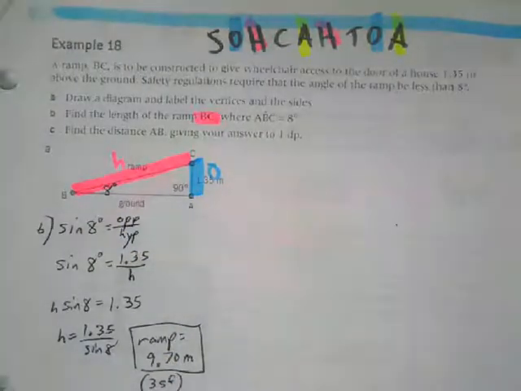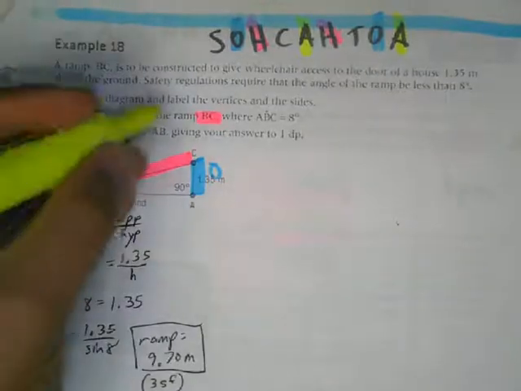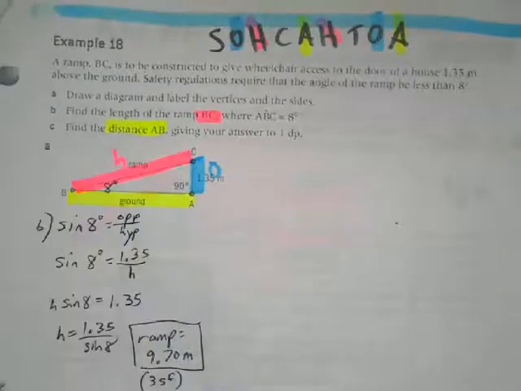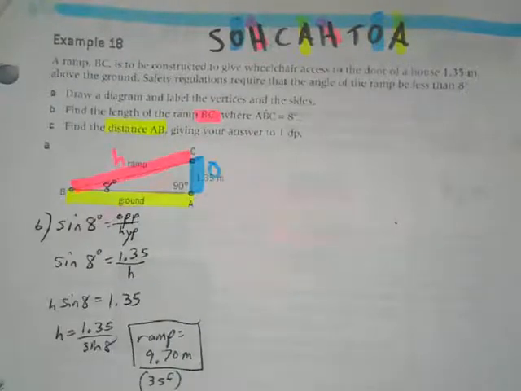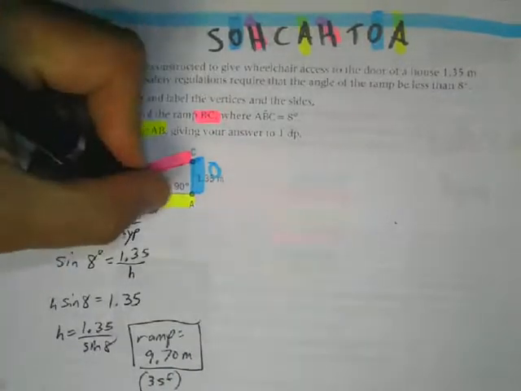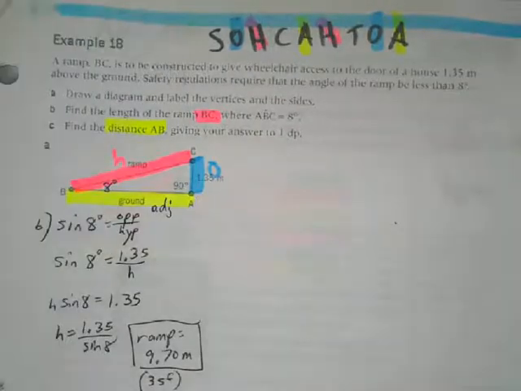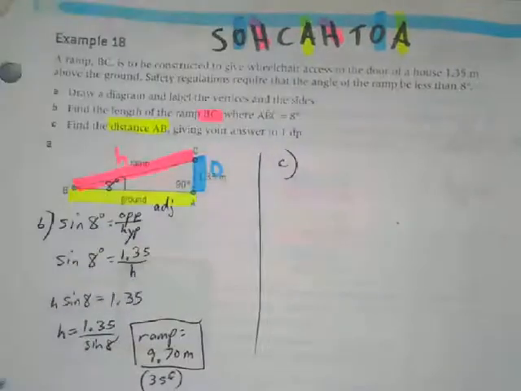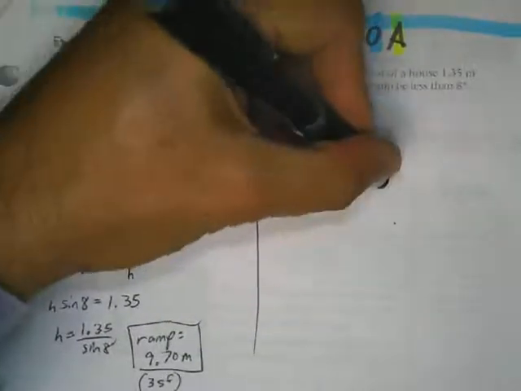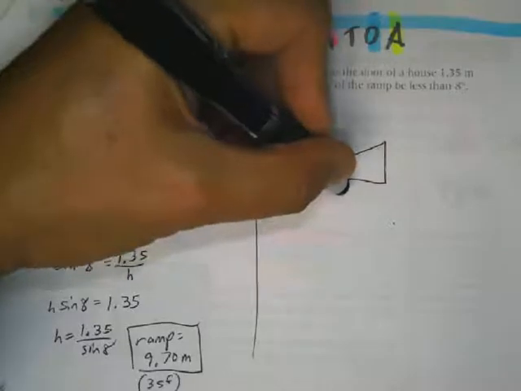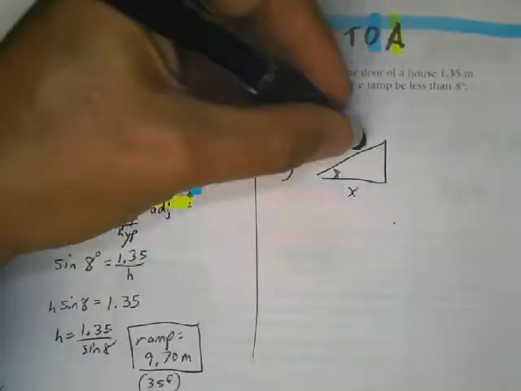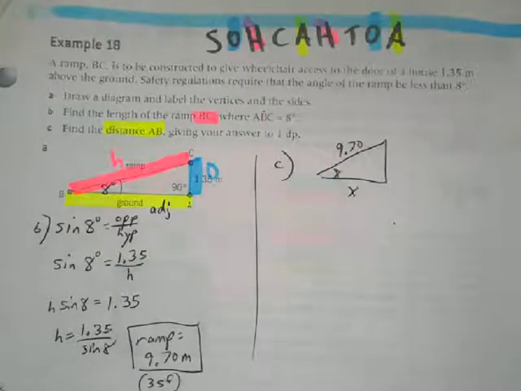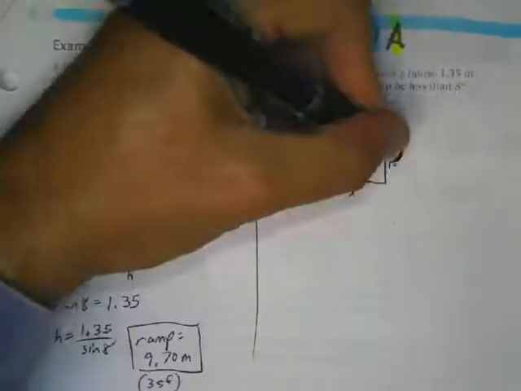Okay, question C. Find the distance of AB. That's from here to here, and this is the adjacent side to the 8-degree angle. So let's do question C over here. We've got our 8 degrees, we're trying to find this one, and we know this is 9.70 and this is 1.35.